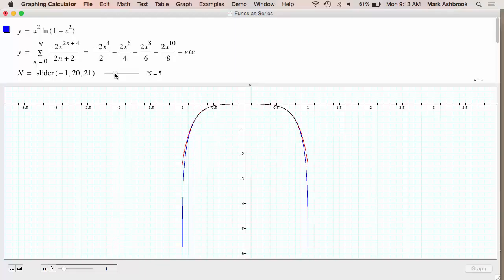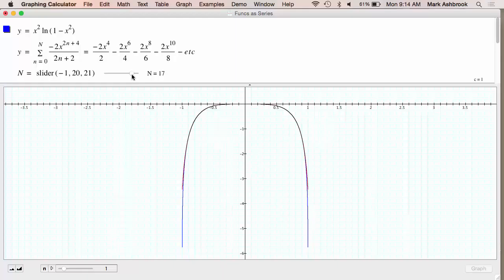So when I add more and more terms on, the graph of our series keeps getting, it's converging on the actual function, the blue function that we were writing as a series, right? So here's the first 17 terms, or up to n equals 0 to 17.